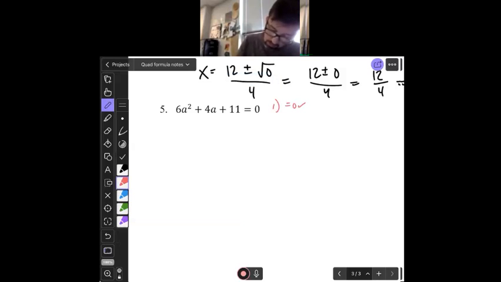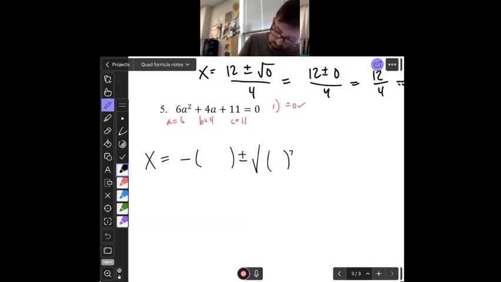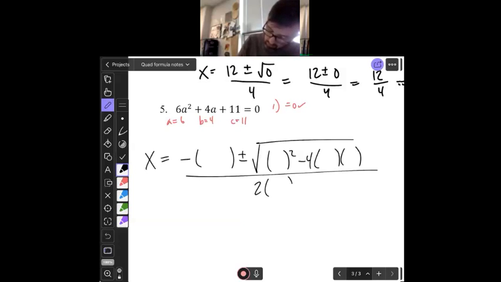Let's see. So my A value is 6, my B value is 4, and my C value is 11. So x equals negative something plus or minus square root of something squared minus 4 times something, all over 2 times something.